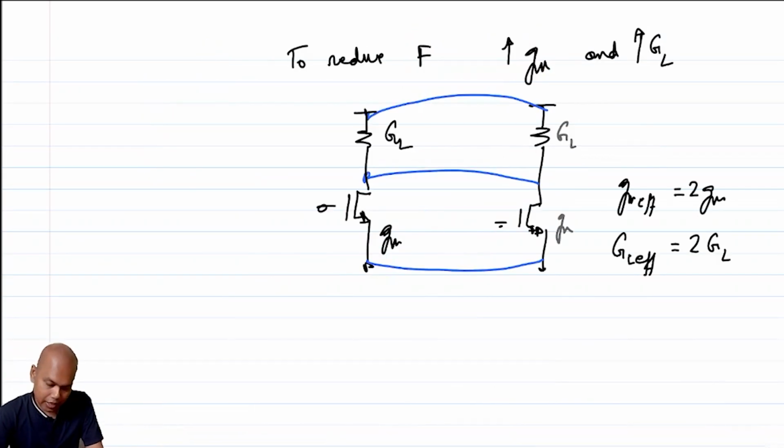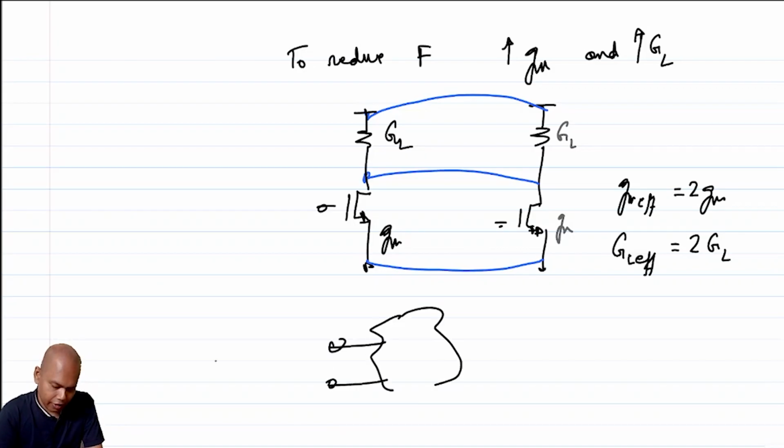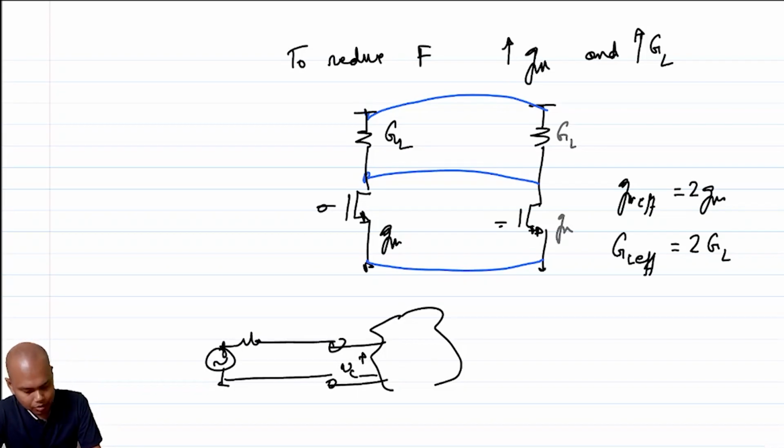Will it change? The question that I'm asking is, you have a network. I referred everything to its input, right? I had a noise source, I had a signal source, I had a noise source. I found out some port across which I referred. I did all the calculation, right? What if I had not chosen that port and I had chosen a different port, maybe the output port?